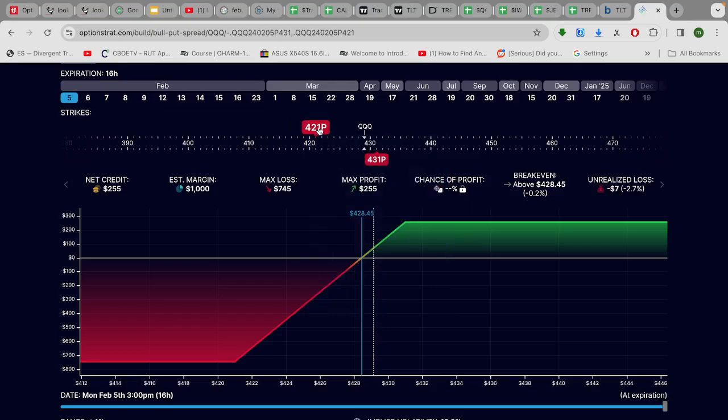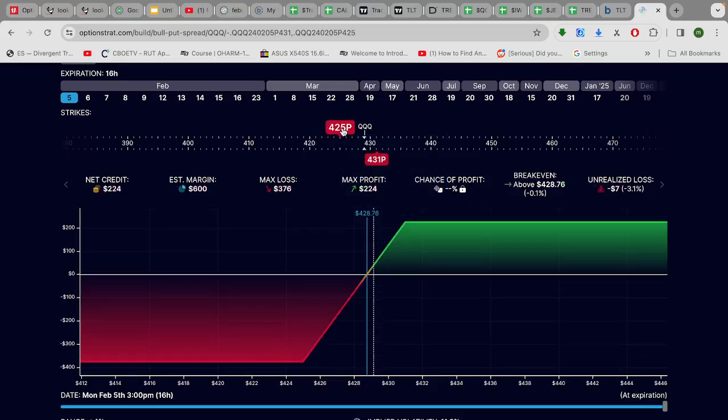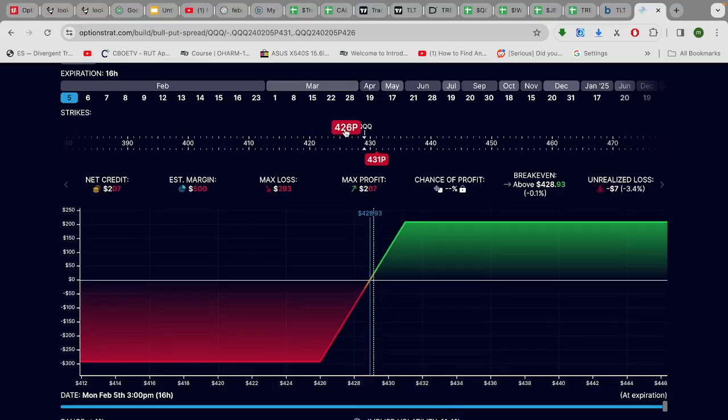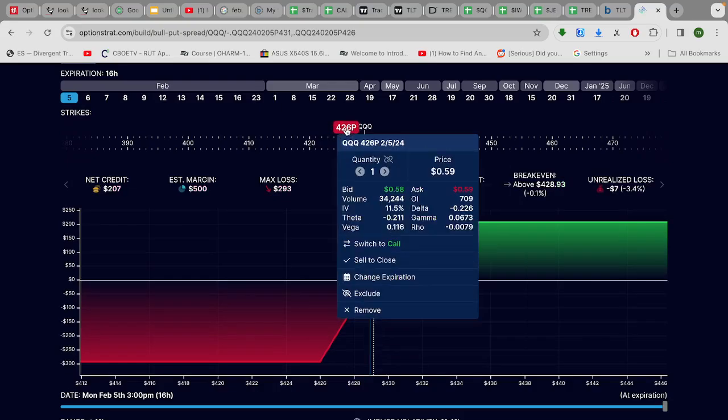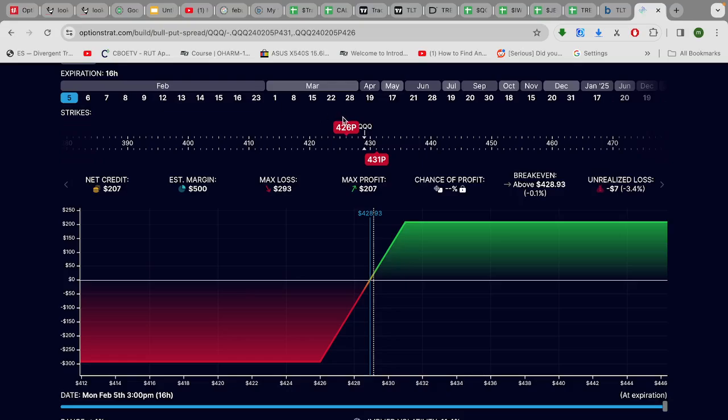The closer you move them together, the less risk you have, but also the less income you have. You received $279 and you paid out $59, so that's $207. So it's just proportional. But you're just trying to avoid the big 1% loss.